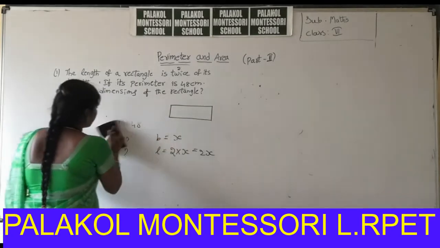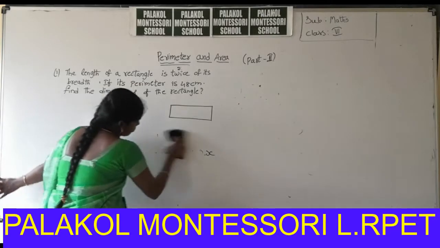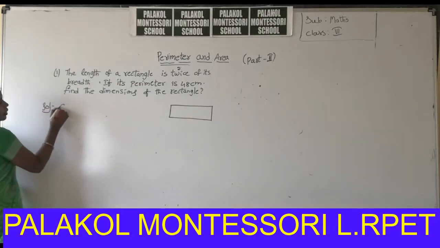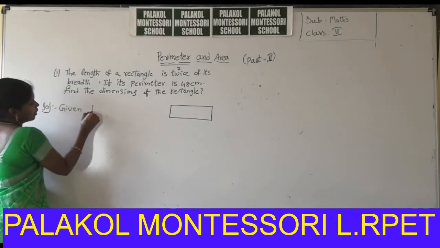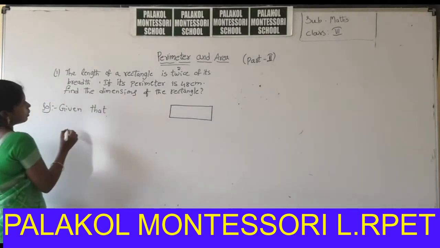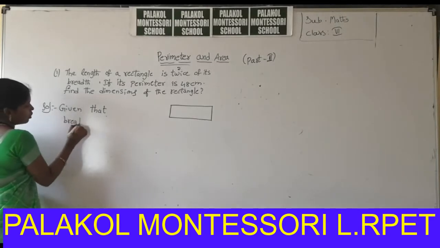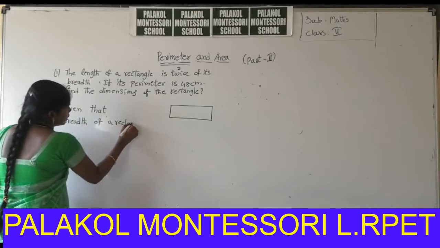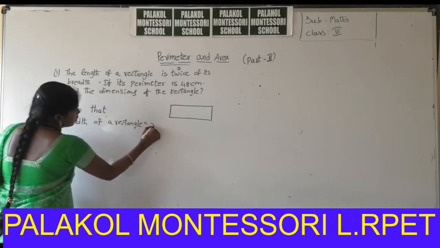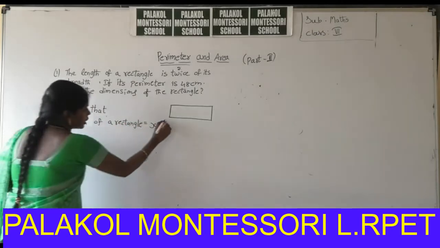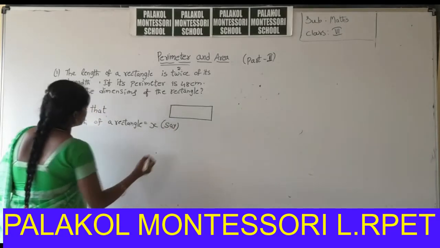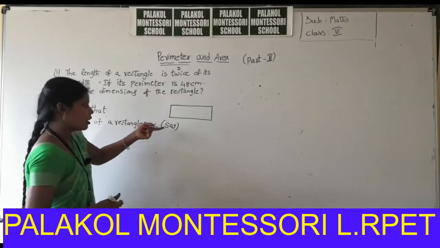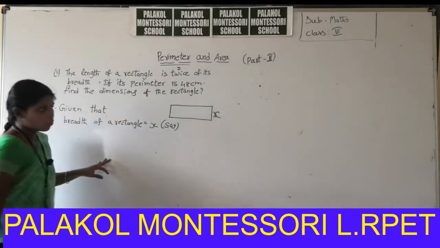So note down. Given that, first, the breadth of the rectangle we don't know, so we can take breadth is equal to x.